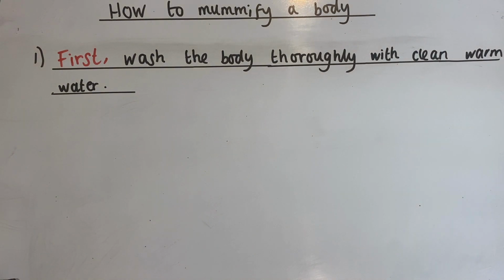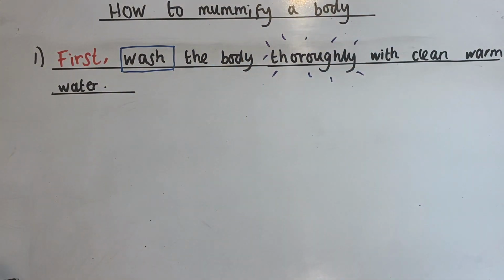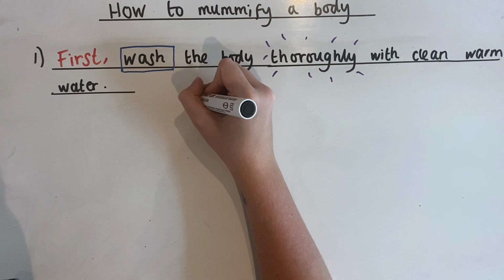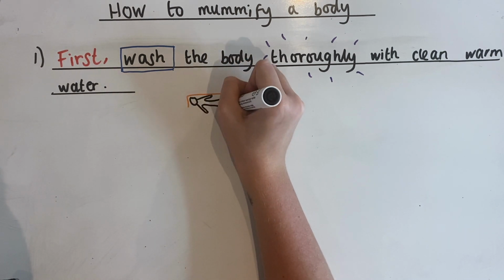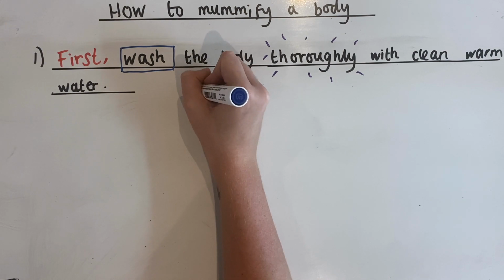Now that tells me the action to perform. And also, I've used thoroughly, an adverb, to give it a little bit more description on how I want the person to perform the action. So when writing your instructions, try to include these 3 things. Now to complete my first step, I'm going to finish with a little illustration or picture of what's happening.